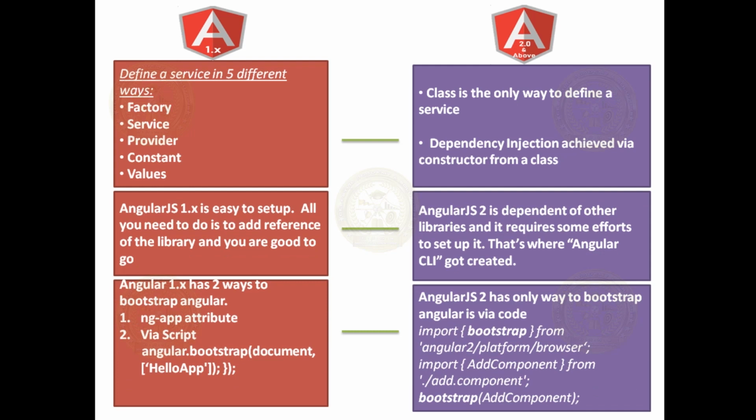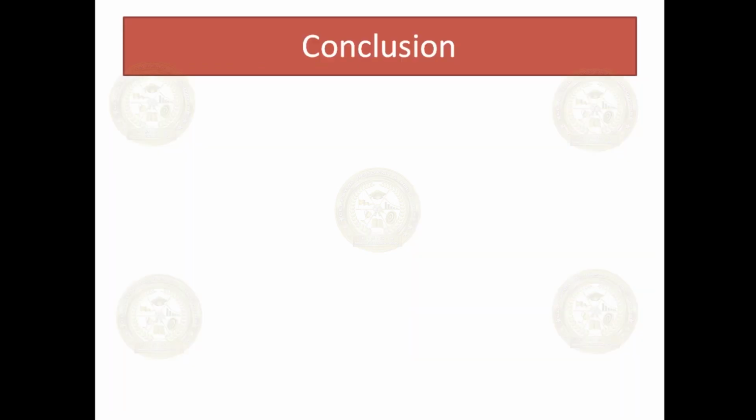In Angular 2, there is only one way to bootstrap Angular, via the code. That is, first import the bootstrap and import your main component and use the bootstrap method to actually initiate bootstrap in your app.